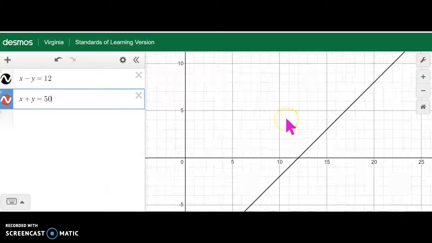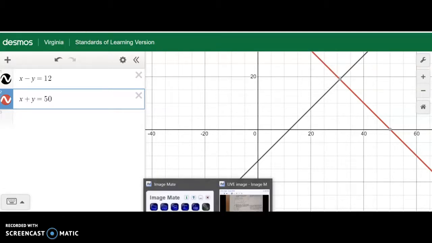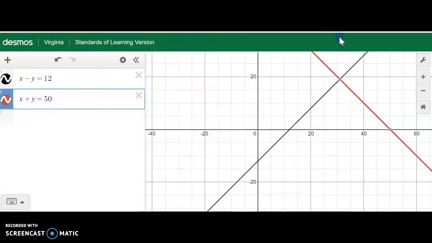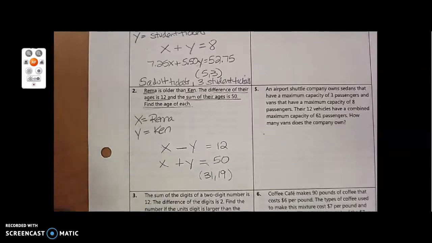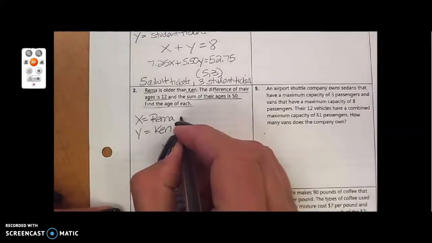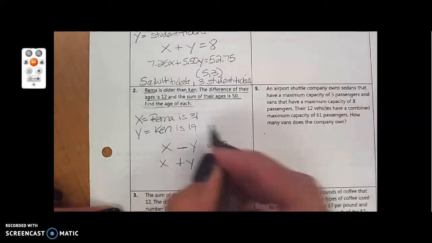Once you put it into Desmos, it's pretty easy. So as you can see, the hard part is going to be just coming up with the equations. (31, 19). Okay. Now that's not our answer. Do not think that's your answer. Let's go back and see what it's asking me. It's asking me to find the ages of each. Well, Rima is 31. Ken is 19. There's my answer.